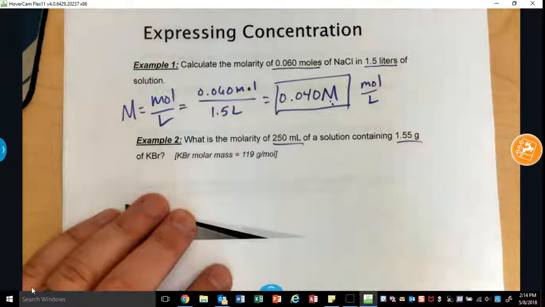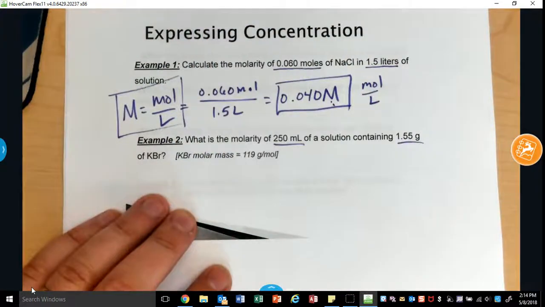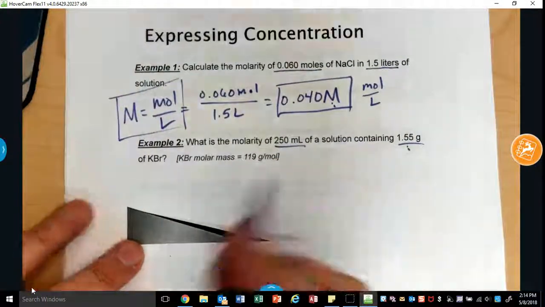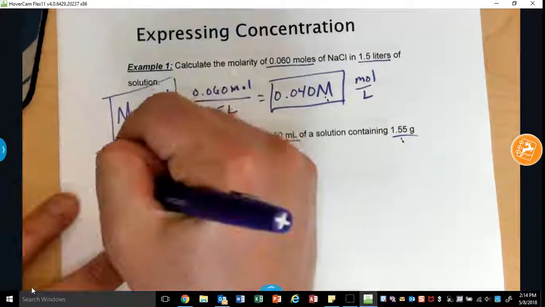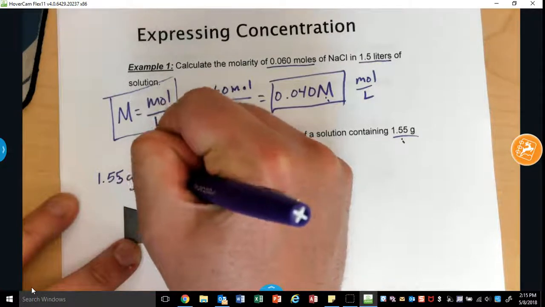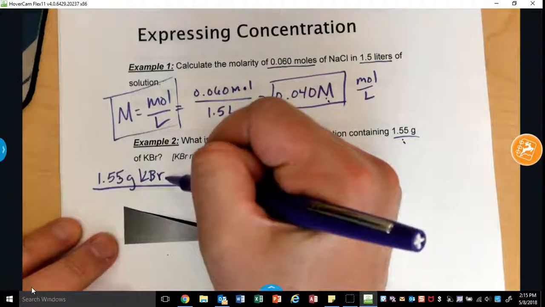1.55 grams of KBr? Well, again, if it's asking us for molarity, we need to use this formula. So I have to get my amount in moles, and I have to get my volume in liters. So let's look at the number of moles first. It tells us that we have 1.55 grams of KBr. Now, ordinarily, if you want to convert grams to moles, you need your periodic table.